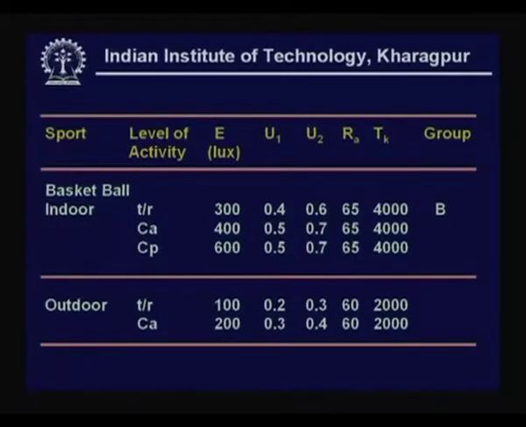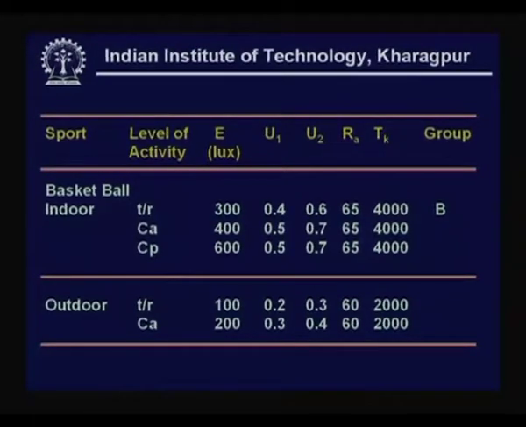Coming to basketball, again a group B game, you can see the indoor levels are between 300 to 600 and the outdoor are between 100 to 200 lux, and obviously the outdoor level recommendations are mentioned only for a national level competition.